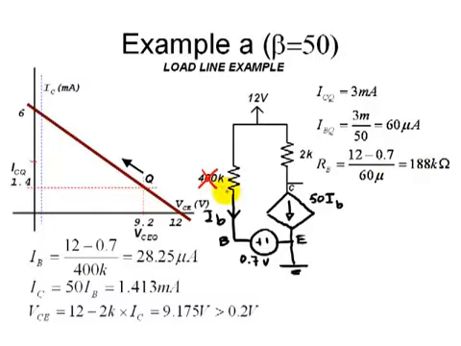So if RB were 188 kiloohms, in that case, then ICQ would be right here, right in the middle, 3 milliamps, and we will have an optimized Q point. And that ends this exercise.